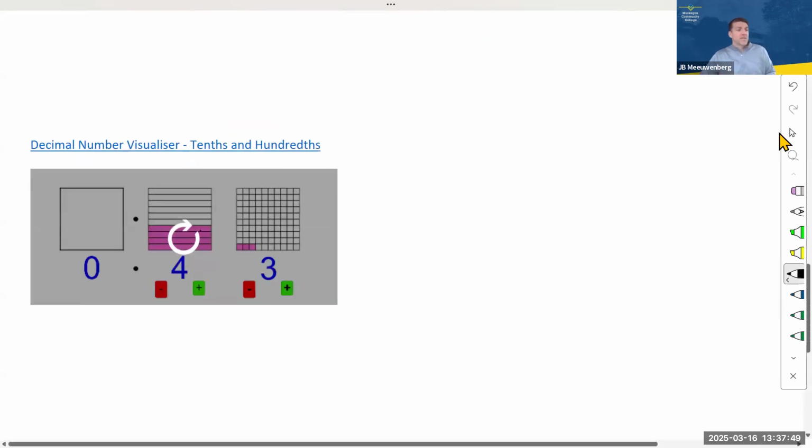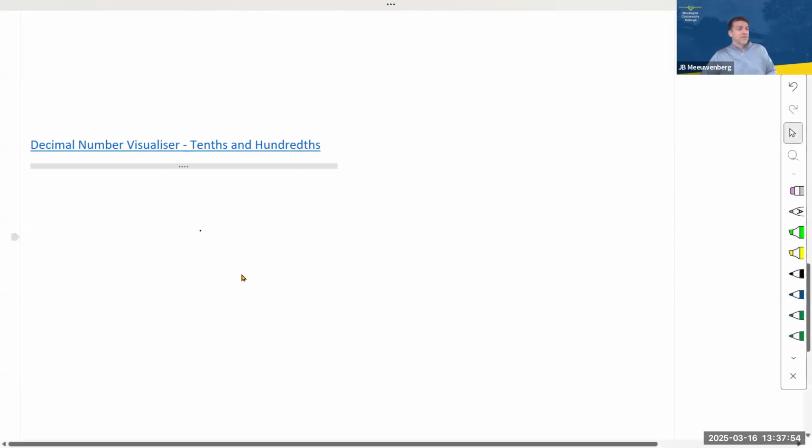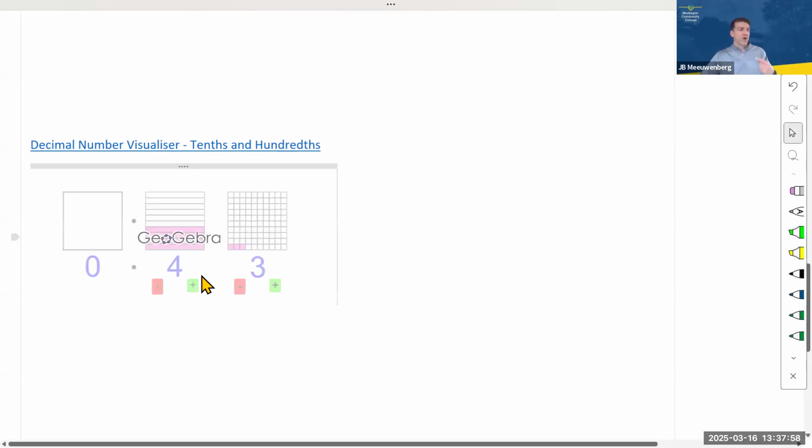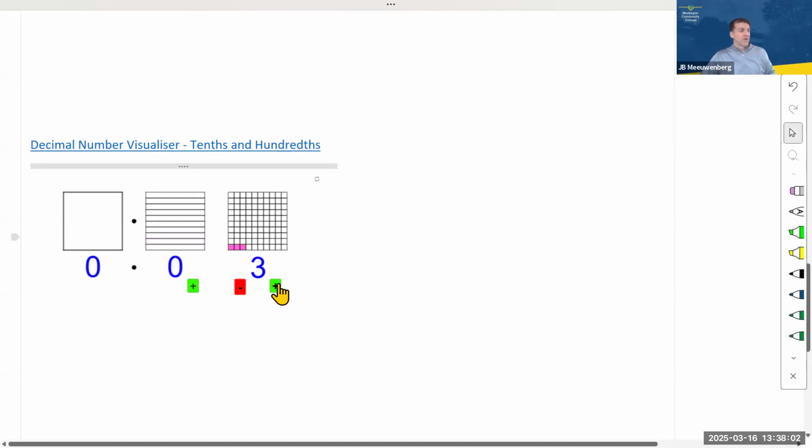I'm going to revisit something we saw in the previous video. This idea of regrouping with the tenths and the hundredths. We saw this online GeoGebra tool. And what we looked at was what happened when we increased our hundredths column all the way to 10, right?